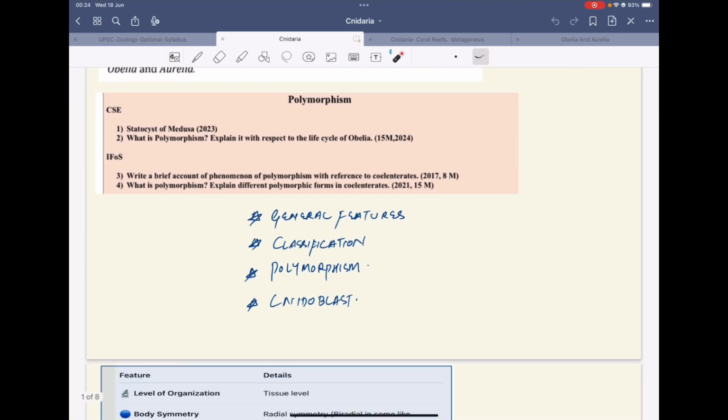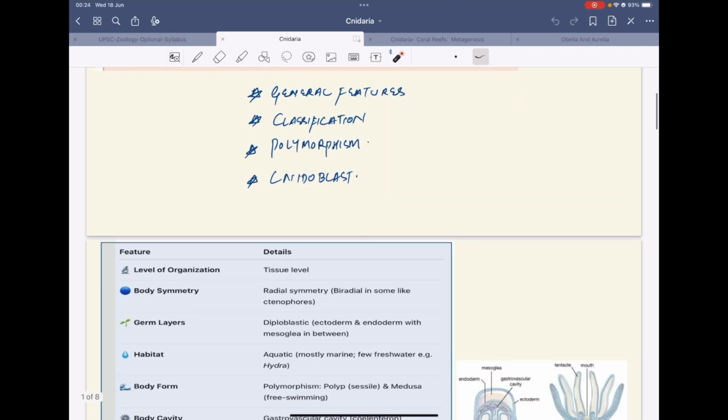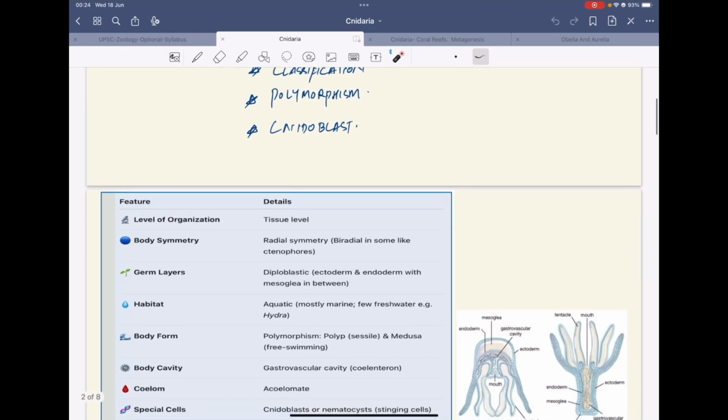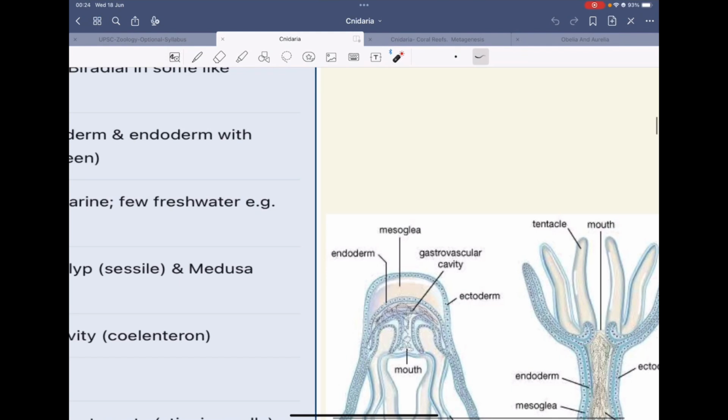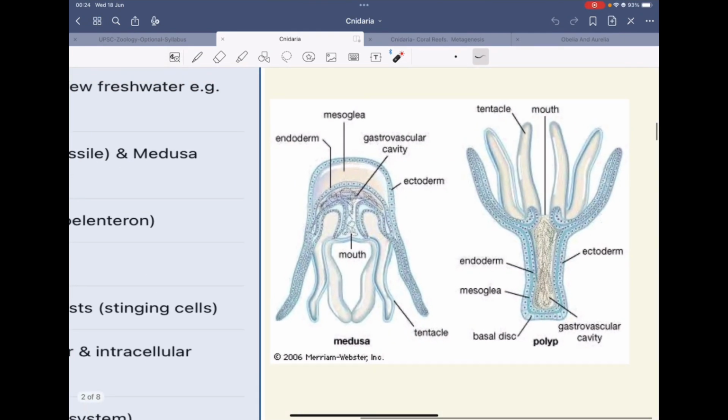So let's discuss that. What are the general features of the coelenterates or the Cnidaria? If you see the shape of the coelenterate, Hydra is one of the famous examples. You can see it has this body. The outer layer is called the ectoderm. The inner layer is called the endoderm.